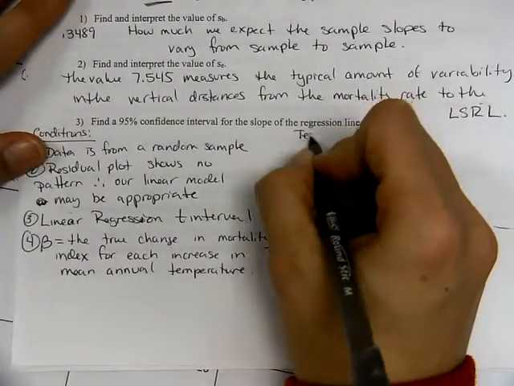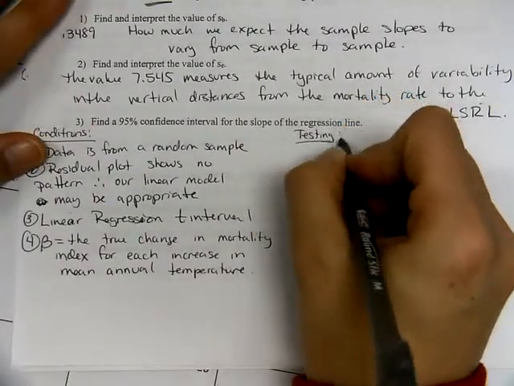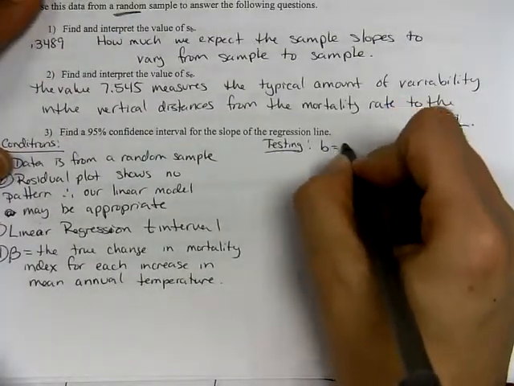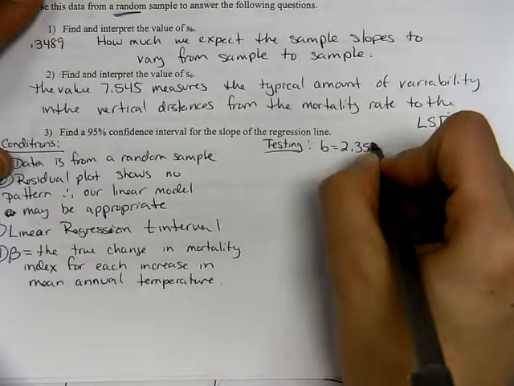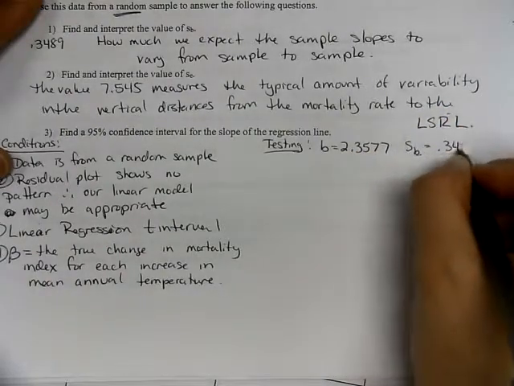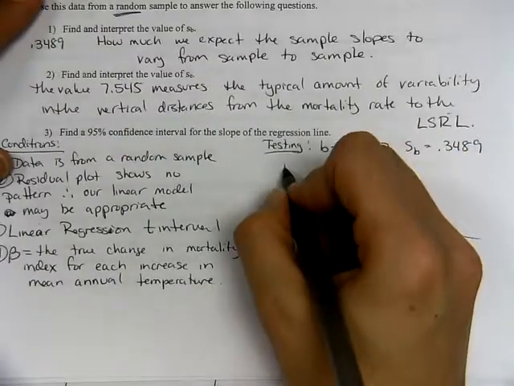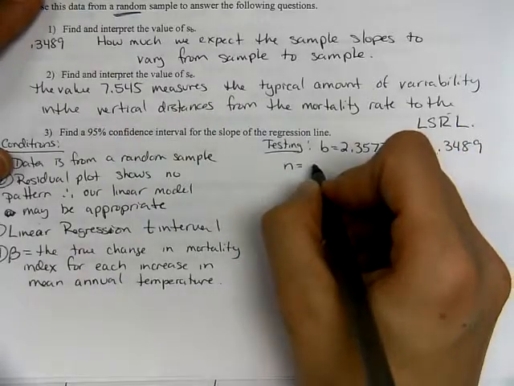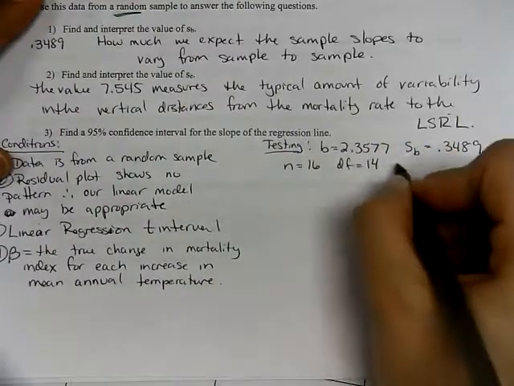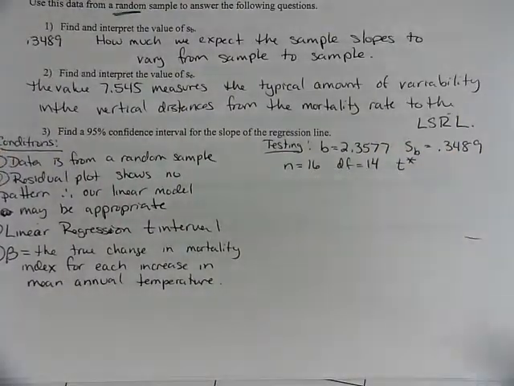So for the testing section, let's list everything. Our slope here was 2.3577. Standard deviation was 0.3489. N was 16, so our degrees of freedom is 14. So we've got to find a t-star.